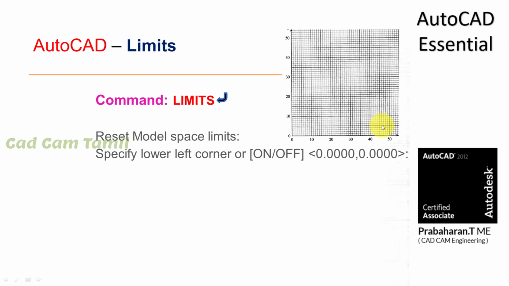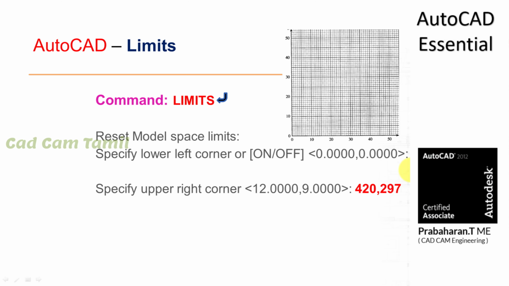On the graph sheet, the lower left corner is generally our reference, 0, 0. You can see here it is already 0, 0, so you don't need to set anything. Just press enter. Then you specify the upper right corner. It is asking for the upper right corner. Default values are 12, 9. So we need to specify the A3 paper size: 420, 297.